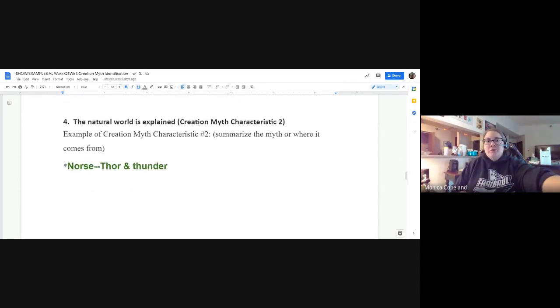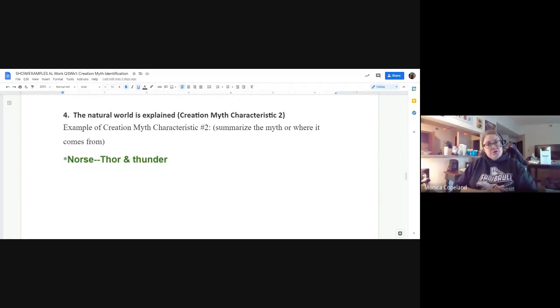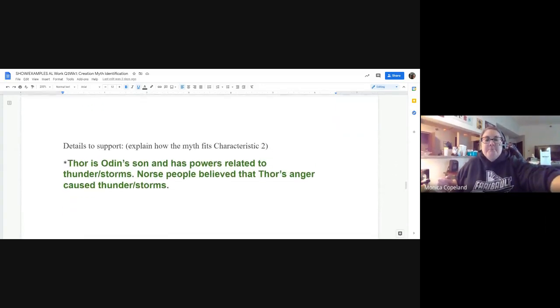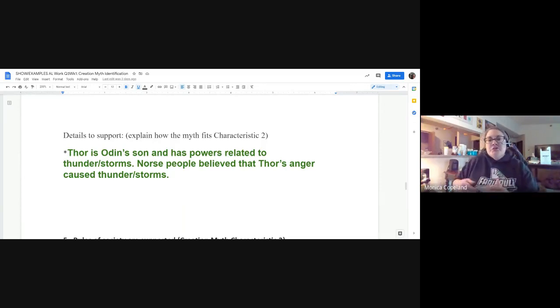All right, so number 4 is creation myth characteristic 2. The natural world is explained. So where did I get the story from? In other words, what culture am I analyzing? And then what's the example that shows that? For this one, I picked the Norse culture, Thor and Thunder specifically. And then details to support.